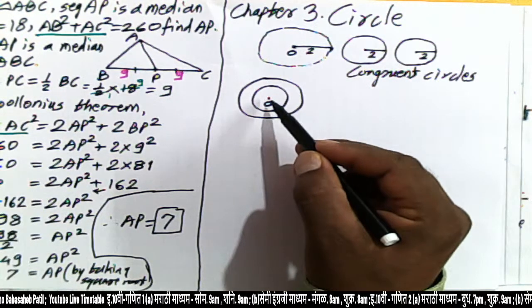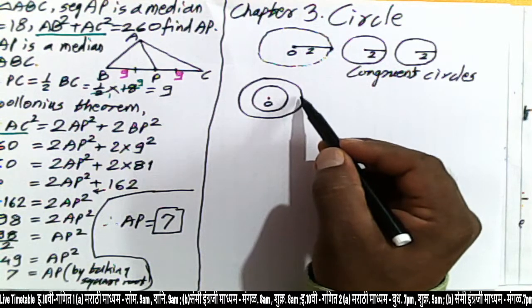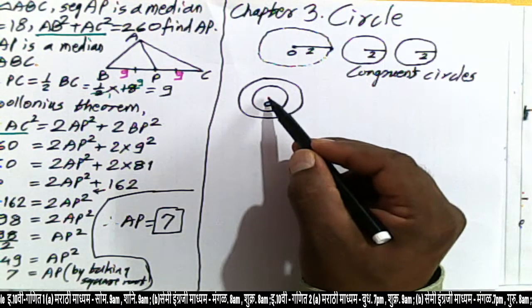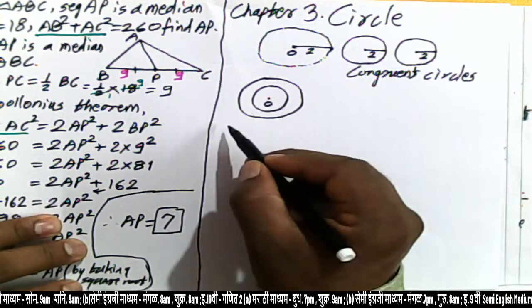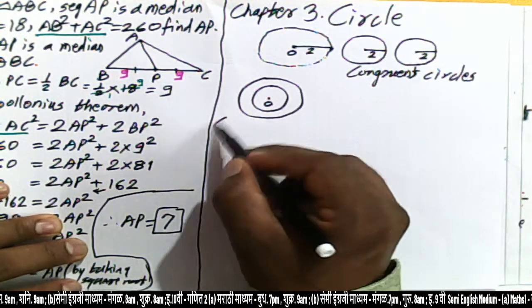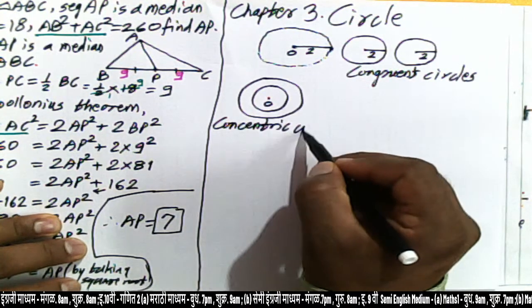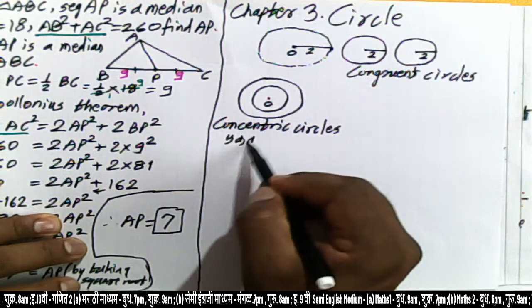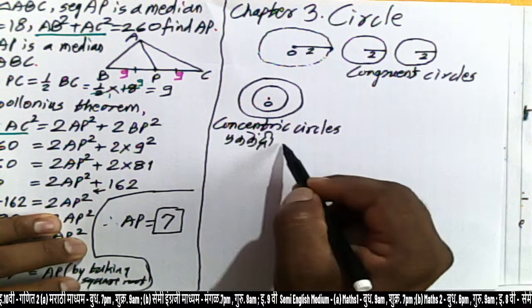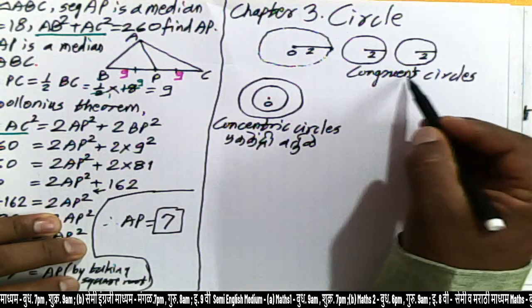If circles have the same center, then those circles are called concentric circles.